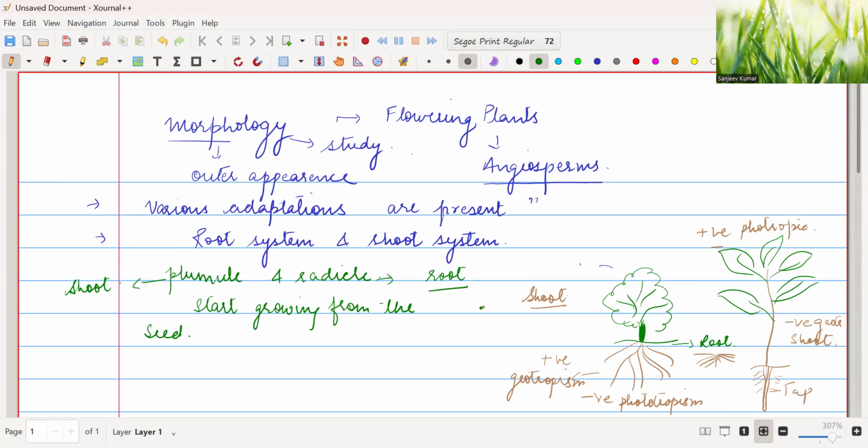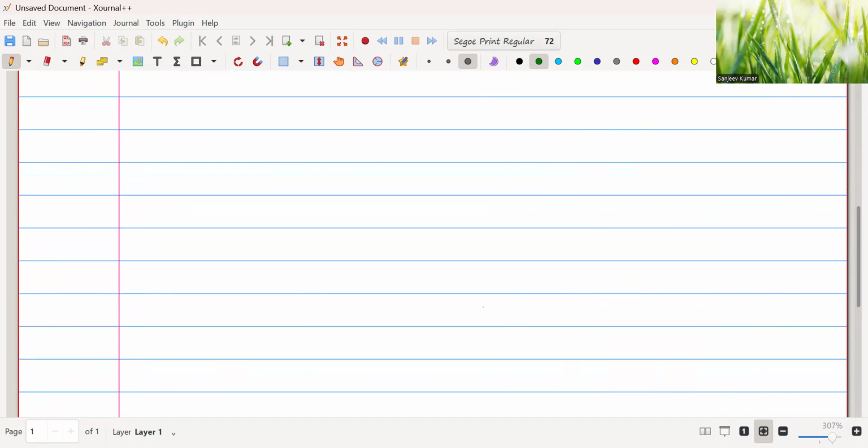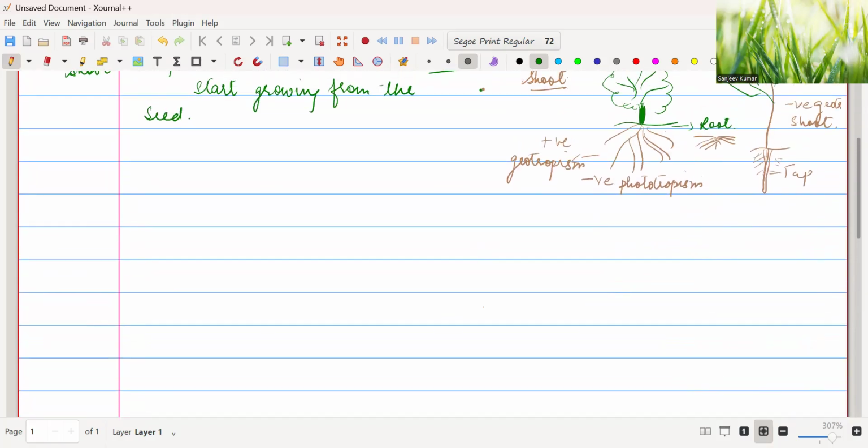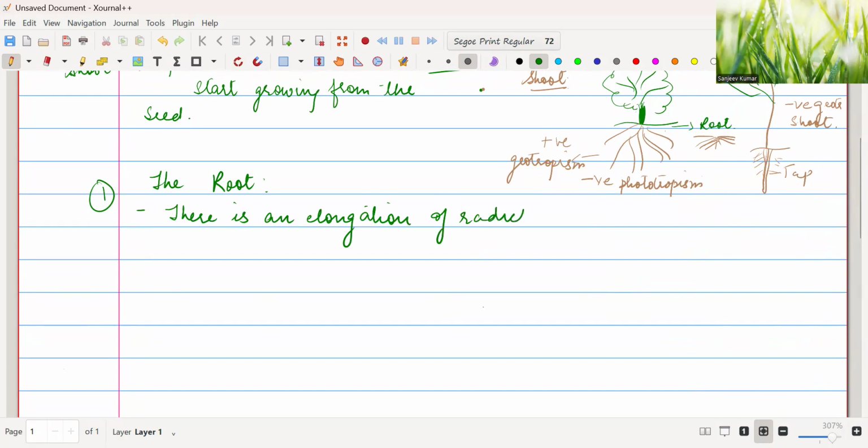Specifically, when we see the seed structure, at that moment we can see exactly what it is. Now let us take the root first. There is elongation of the radicle, the part which grows from the seed.